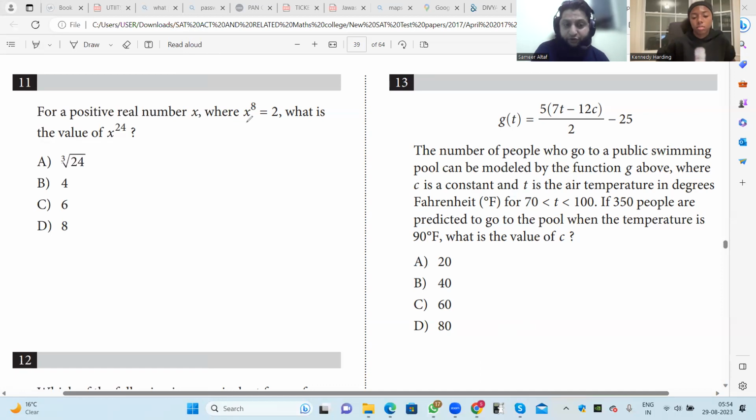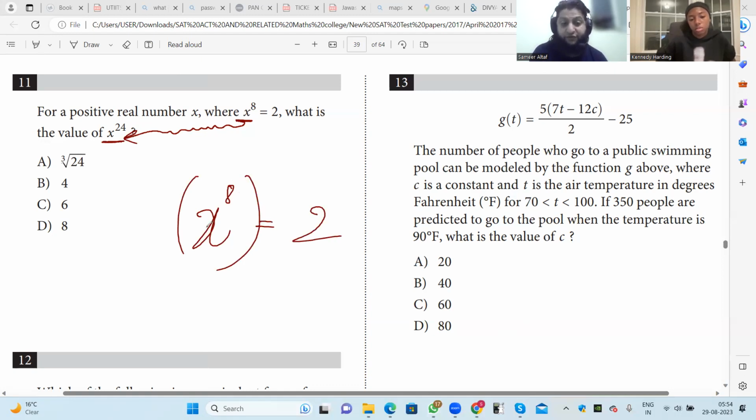Now, you're having x to the 8, and you're having x to the 24. What will you do to this to get this? You raise it to the power of 3. Exactly. If you do it on the left side, you have to do it on the right side also, isn't it?